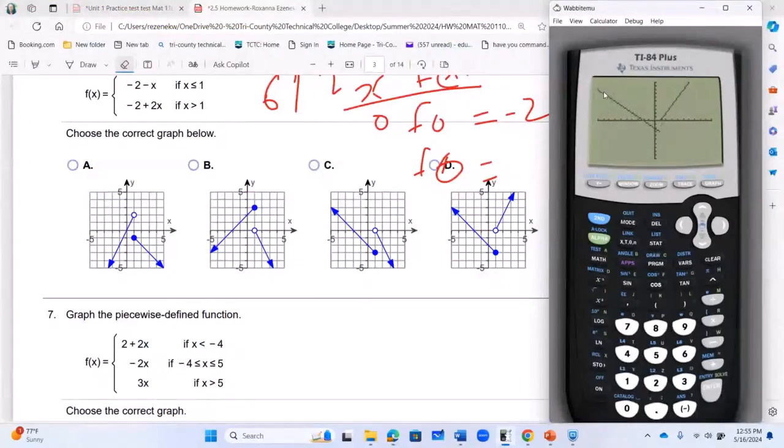This is less than or equal to, therefore this is closed. The arrow going to the right is closed. So I better choose, and everybody should know that it is at 1. And then the other one is going to the right. There is no transformation in this graph. So make sure you choose the right graph.